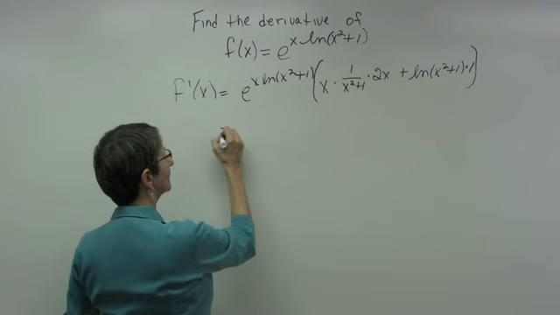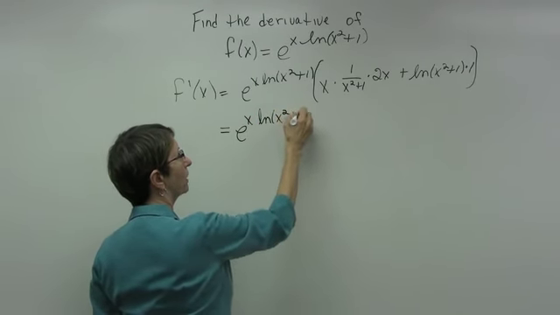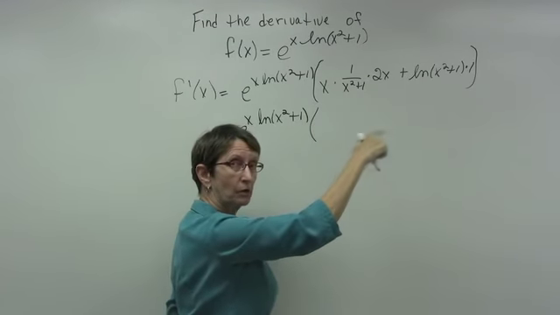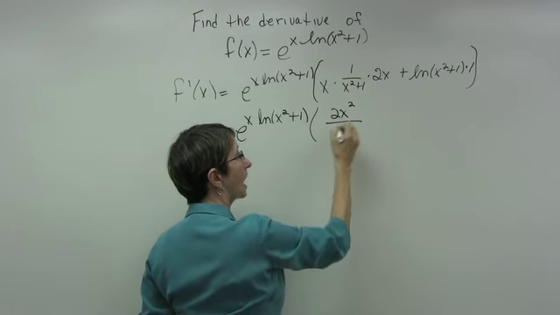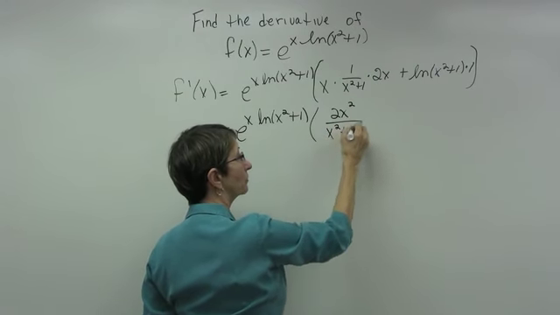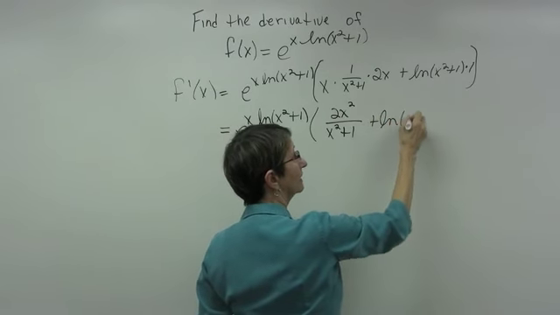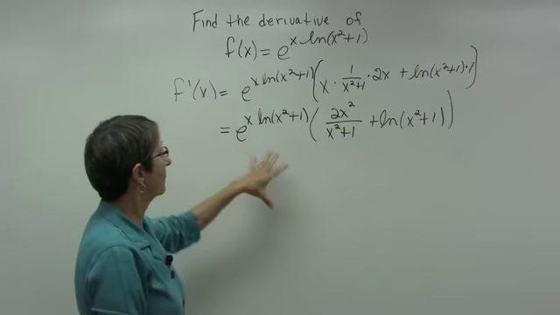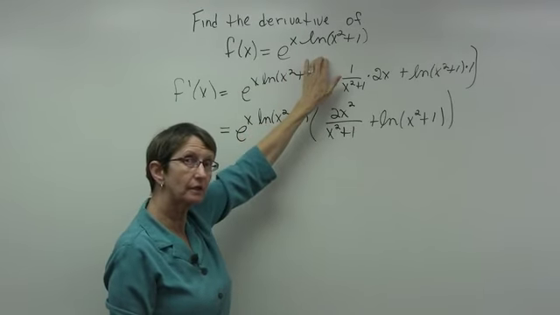So I can write this as e to the x ln of x squared plus 1 times this x and the 2x multiply to be in the numerator, 2x squared over x squared plus 1 plus natural log of x squared plus 1. And that takes care of everything that we need to do from this function.